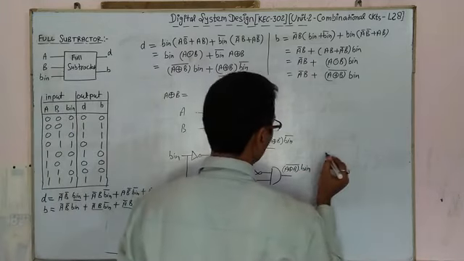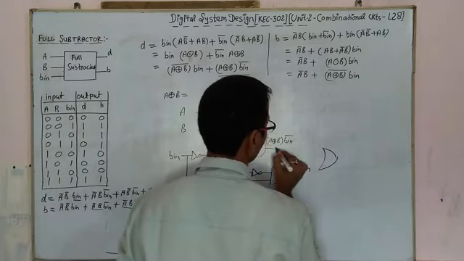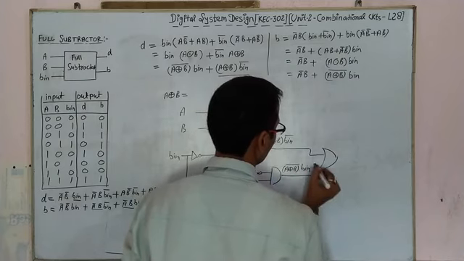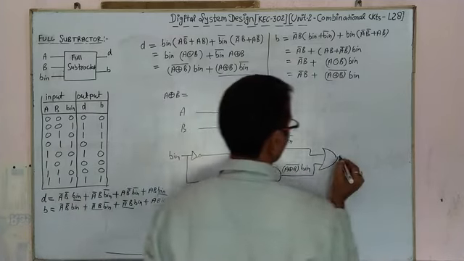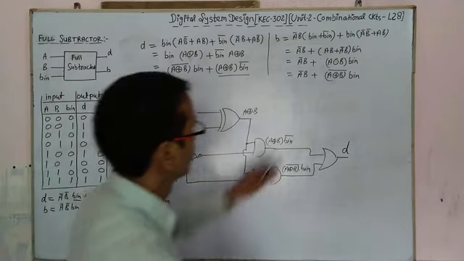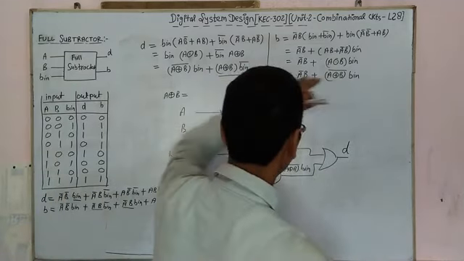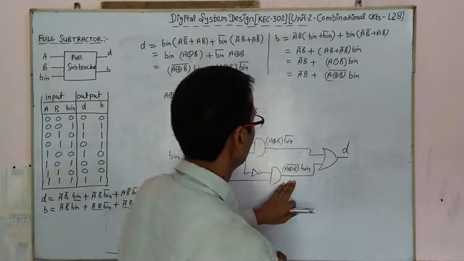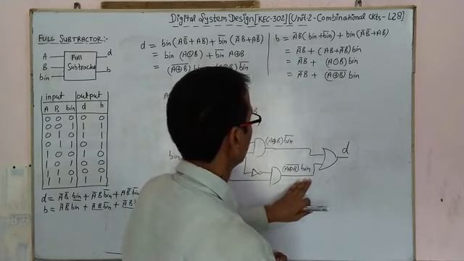Now we will sum this and this, and we will get here D.